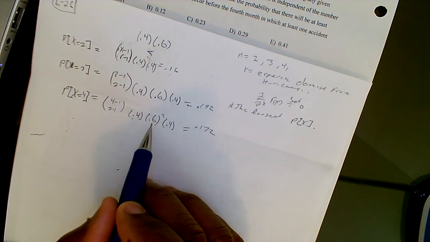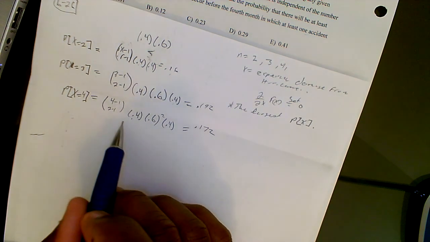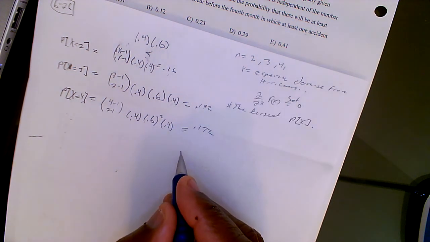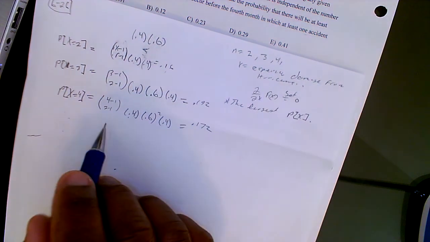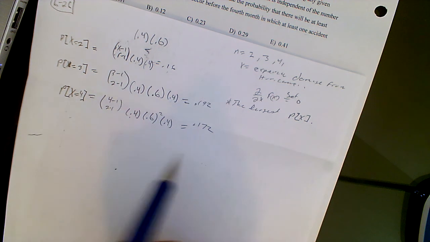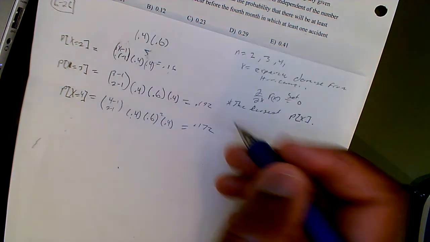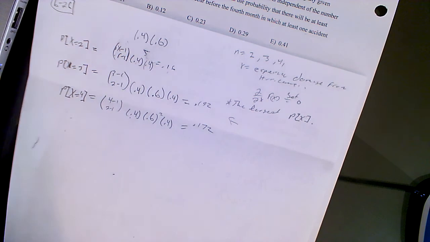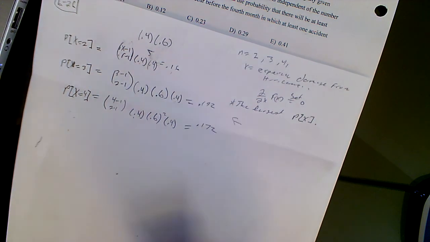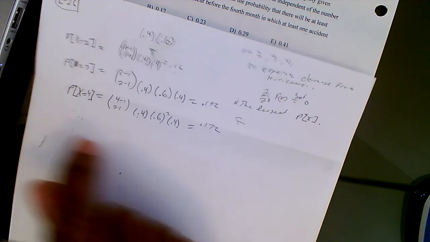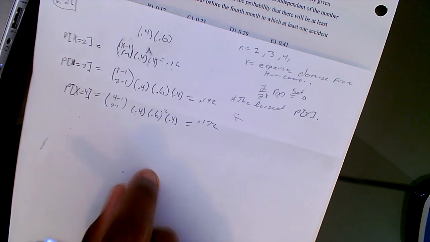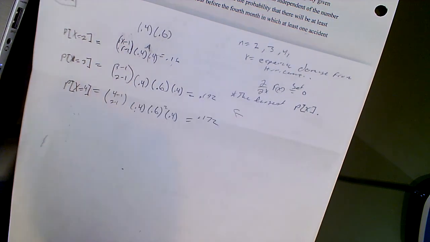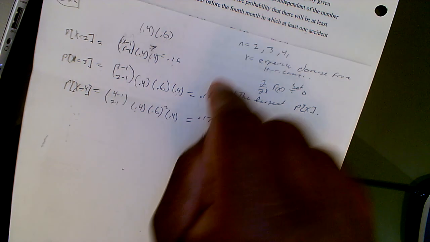And this right here is going to make it smaller. It's going to start to dwindle a little bit, even though the combination is going up a little bit. So our mode here is going to be the probability of 3. If you don't believe me, go to the next one and keep going, maybe do 2 or 3 more, and you'll see that it's going to slowly decrease, and that is your mode.